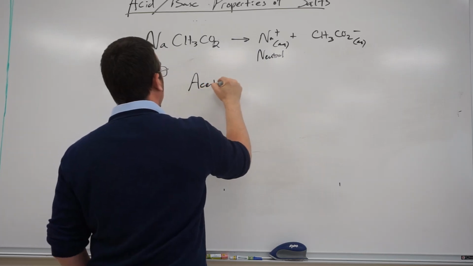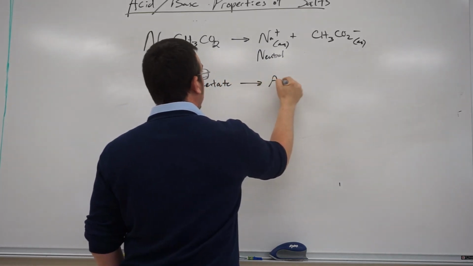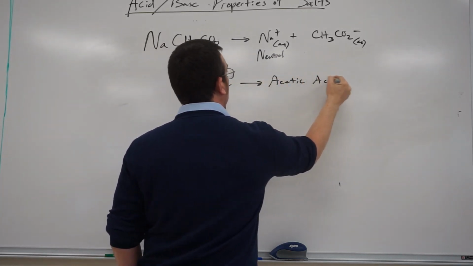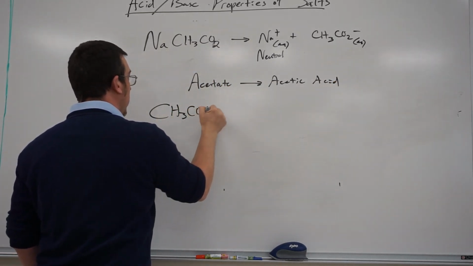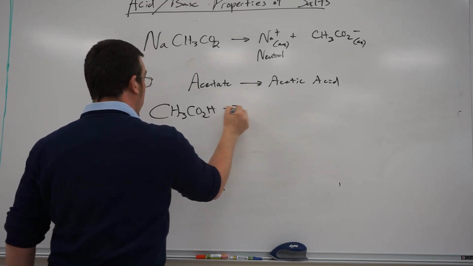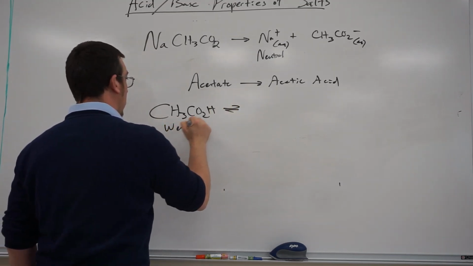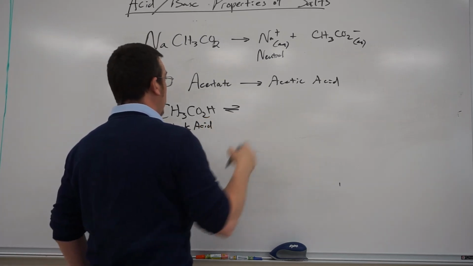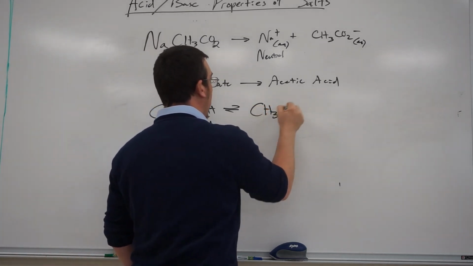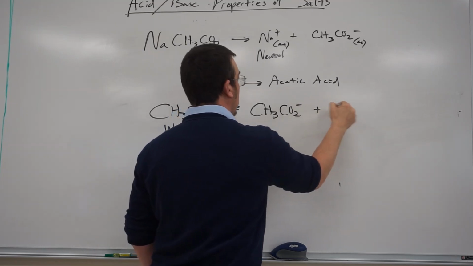What about acetate? Acetate stems from acetic acid. The acetic acid formula is CH3CO2H. Acetic acid is a weak acid, and this breaks down to form acetate plus the hydrogen.